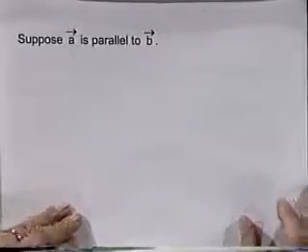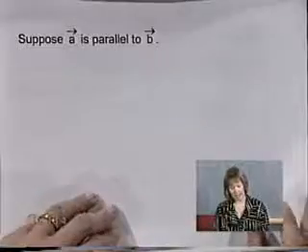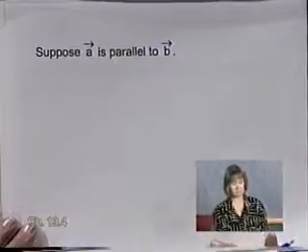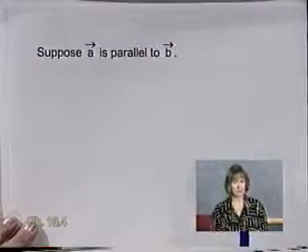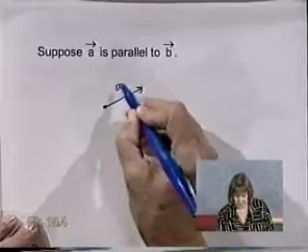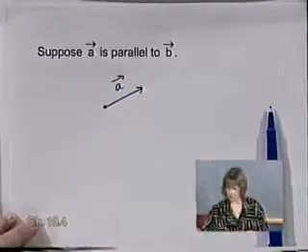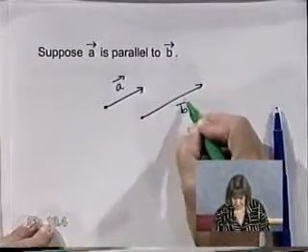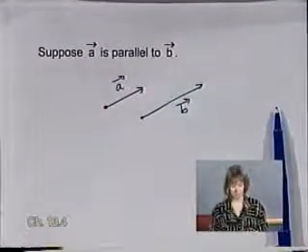All right. One more thing I want to go over. Suppose vector A is parallel to vector B. What does that mean for two vectors to be parallel? That means the one vector looks like this, and the other vector might look like, okay, they're parallel.